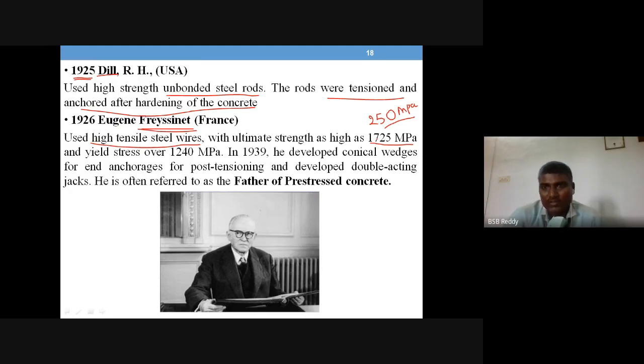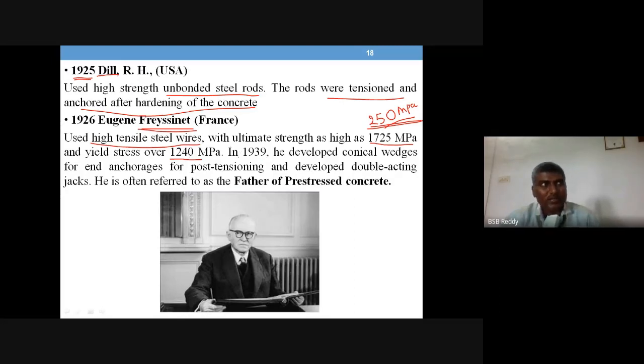Okay, so this is almost near to 5 to 10 times the value that has been used in the earlier stages of pre-stressing. Okay, so ultimate strength as high as what you see, 1725, yield stress will be around 1250. He could use high tensile steel wires.